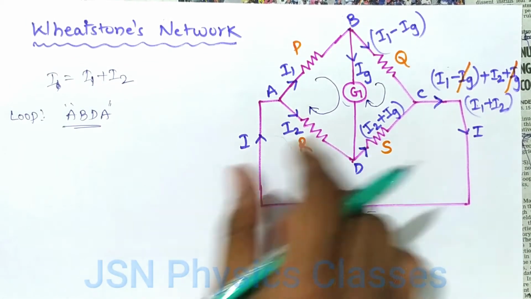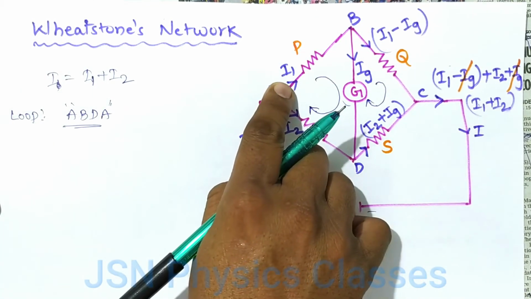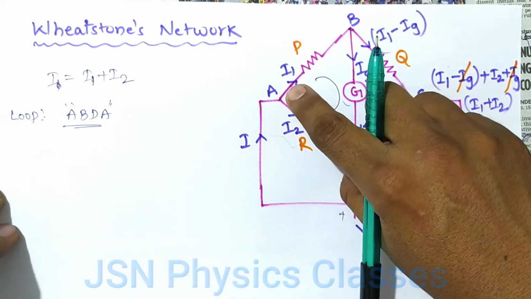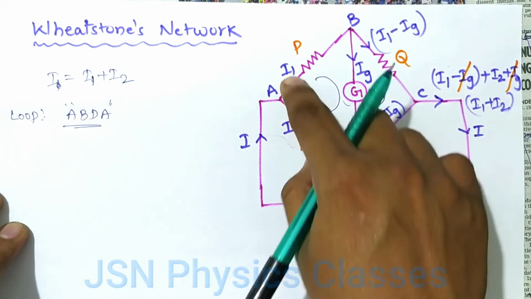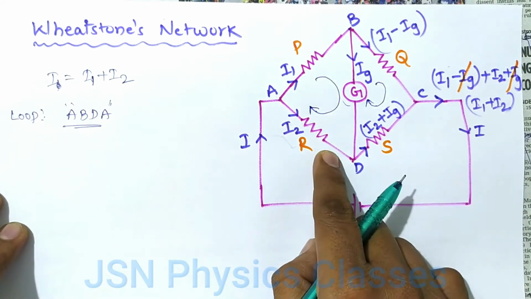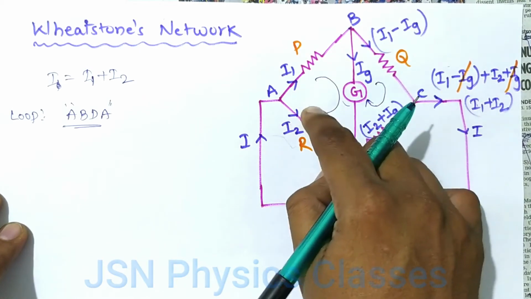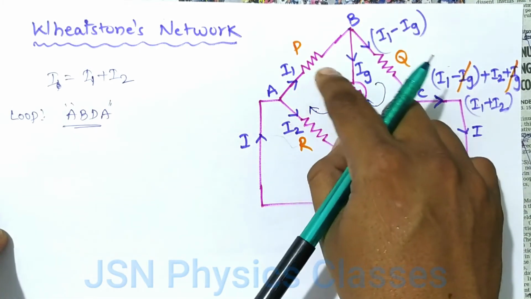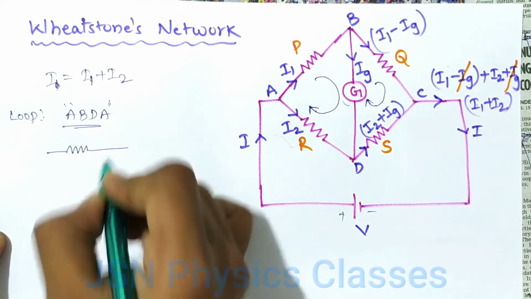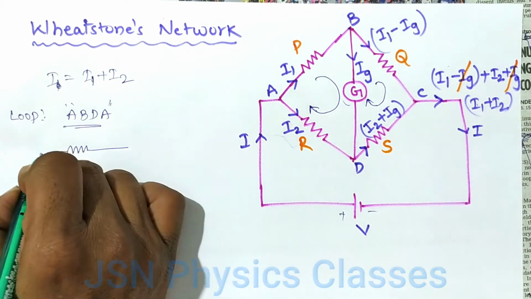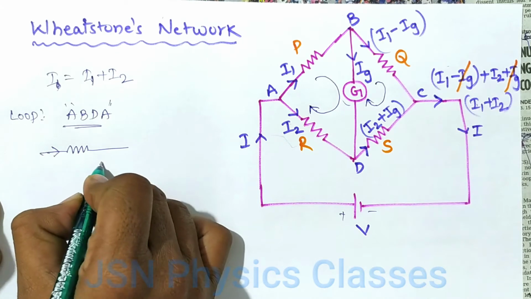See, before going to this I would like to tell you one thing. Here we know the actual direction of I1 and the actual direction of I2. But this is the loop current, my assumption. So for example, if there is a resistor, this is the actual direction and this is the loop direction.